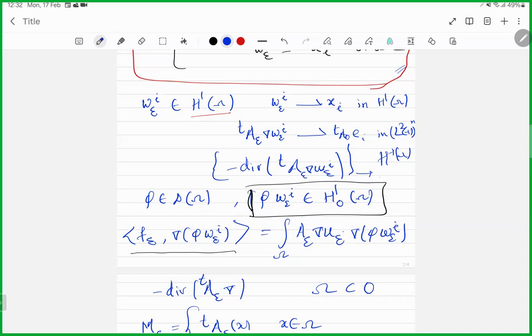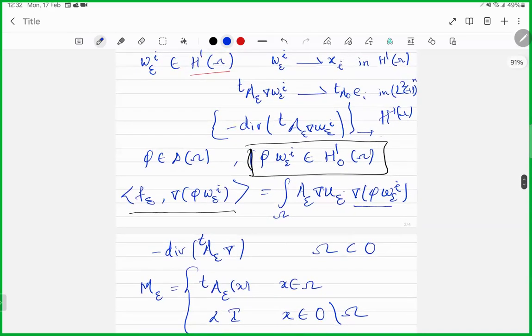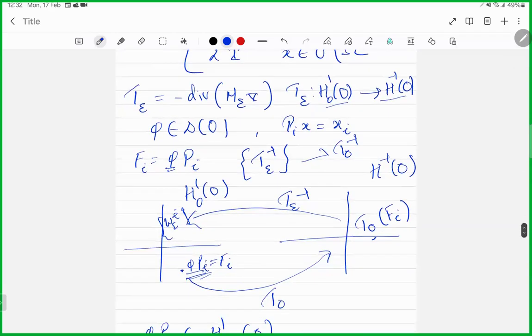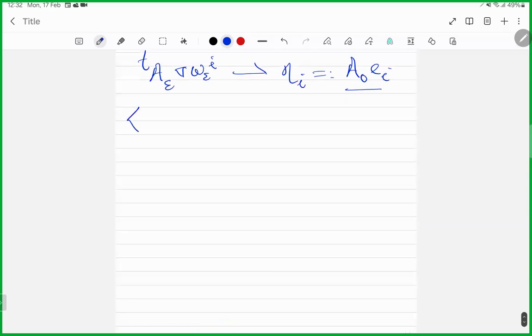So now, if you do the product rule here, I have already introduced that A epsilon grad u epsilon is I epsilon.